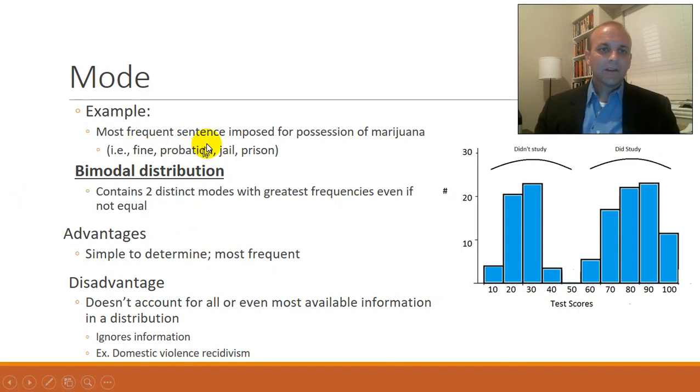An example I think your text gave that would be relevant to you is the most frequent sentence imposed, say for possession of marijuana. If you were interested in comparing the types of sentences from jurisdiction to jurisdiction, say Dallas County to Harris County, or Houston to New York, and just superficially wanted to see what people were doing, whether it was a fine or probation, or people got put in jail for having an ounce of marijuana.